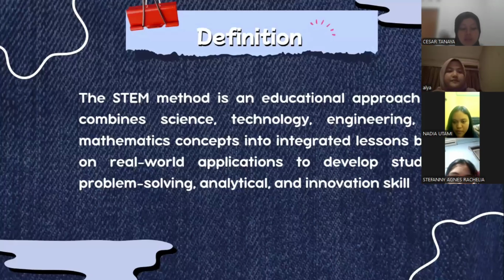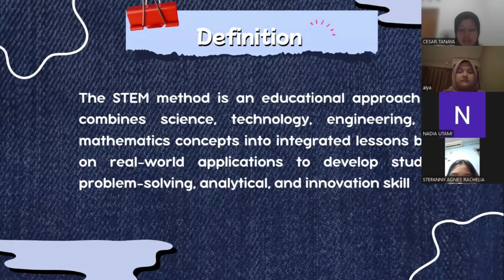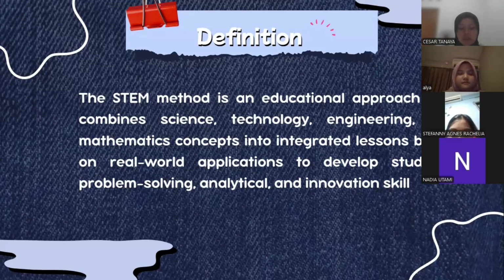It encourages learners to connect theoretical knowledge with practical experience, work collaboratively in designing creative solutions, and apply critical thinking in facing real-life challenges. Through this method, students not only understand academic concepts but also gain the ability to innovate and adapt to the demands of the modern world.